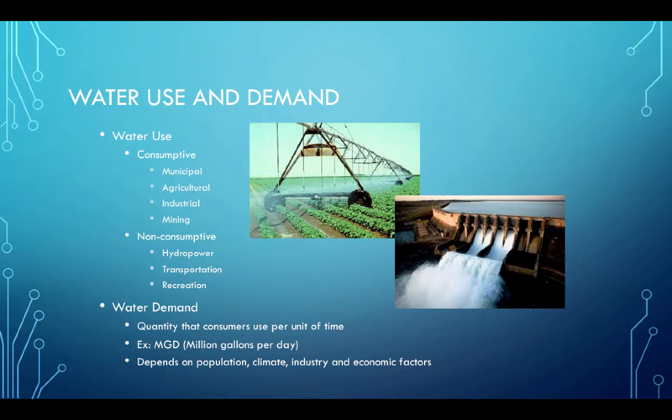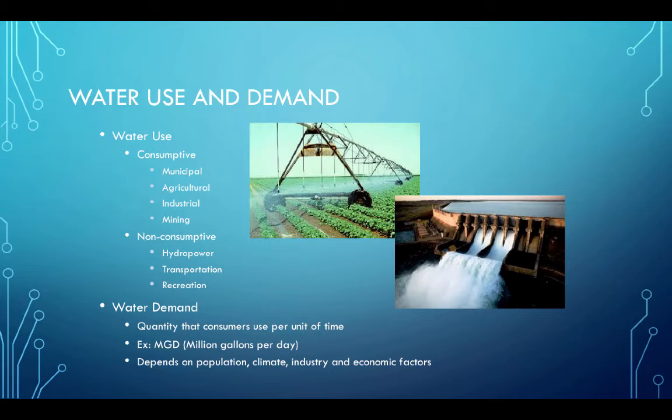It contains leftover fertilizers, insecticides, herbicides, and whatnot. And then mining water, same thing. After it's been used for mining purposes, either solution mining or hydraulic mining, or as part of the extraction process, the water itself is quite contaminated. So that's what's meant by consumptive use.